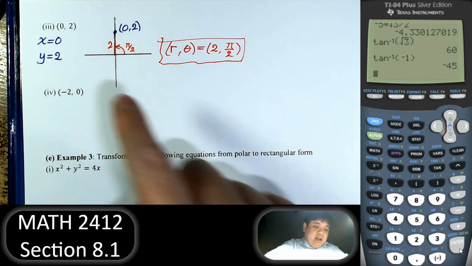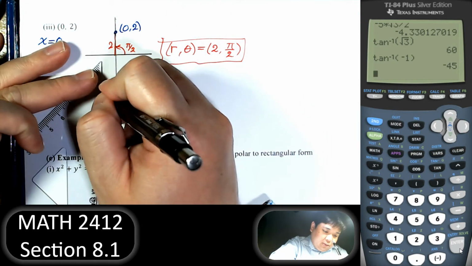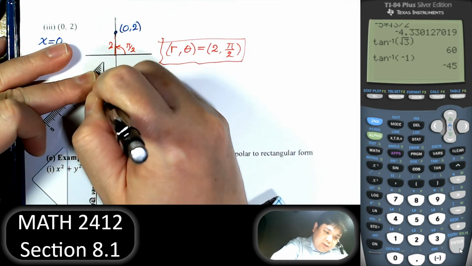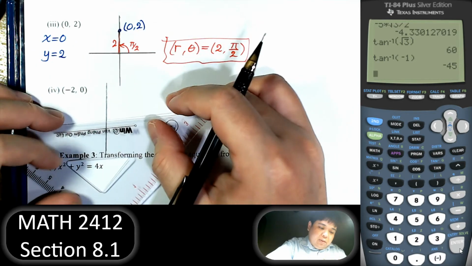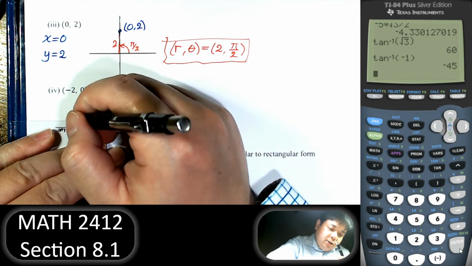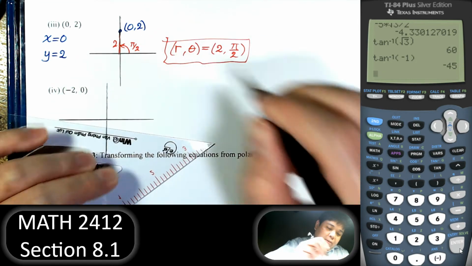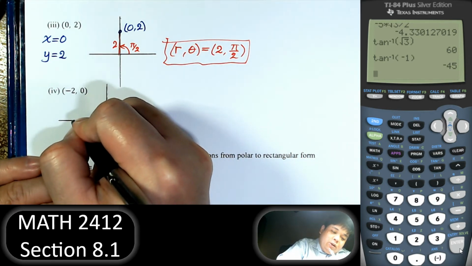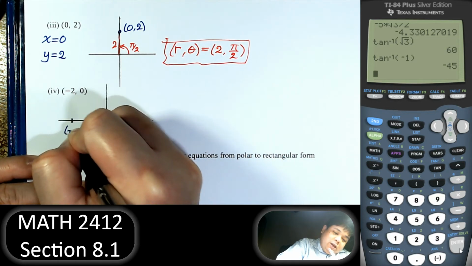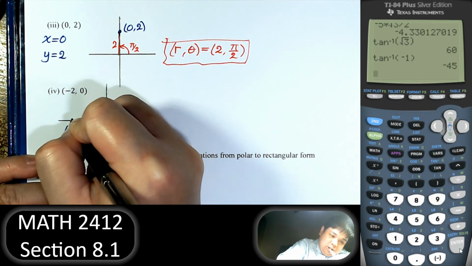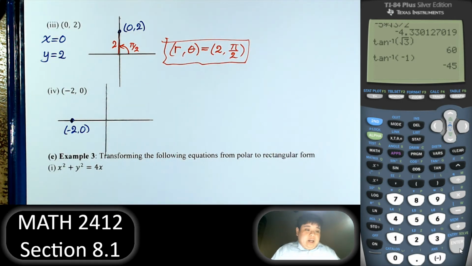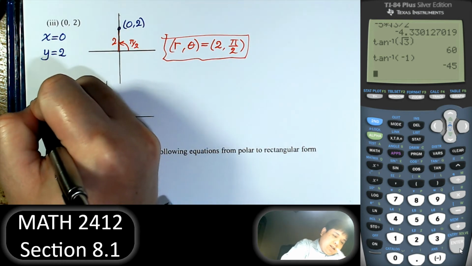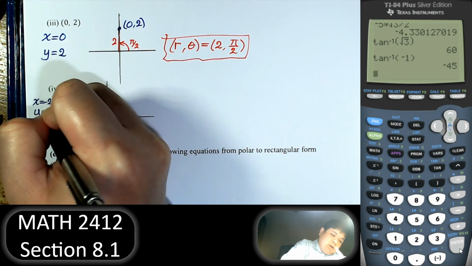Same thing for negative 2 and 0. X equal to negative 2, y equal to 0, so we have this point, negative 2 and 0. Now, if this was negative 2 and 0 in rectangular coordinates, x is negative 2, y is equal to 0. Right.